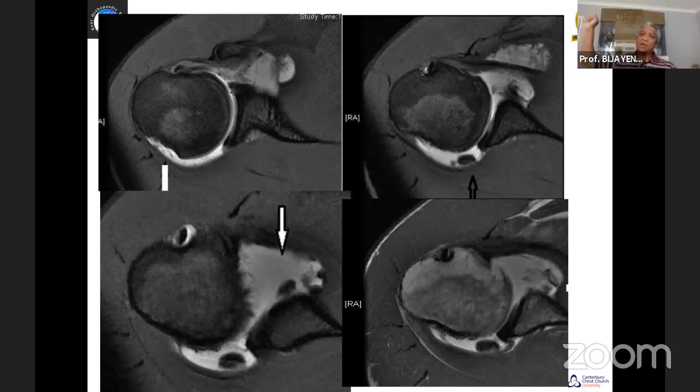So you do your apprehension test and then bring the arm back forward. Then you put your hand and push the humeral head into the socket. So you're trying to keep the humeral head in the socket. The pressure is not on the head, it's on the proximal part of the humerus. And you're trying to push the humeral head back posteriorly into the socket to keep it there. And if the apprehension is relieved, then that's a positive test. Again, it's quite subjective. It may or may not be present.